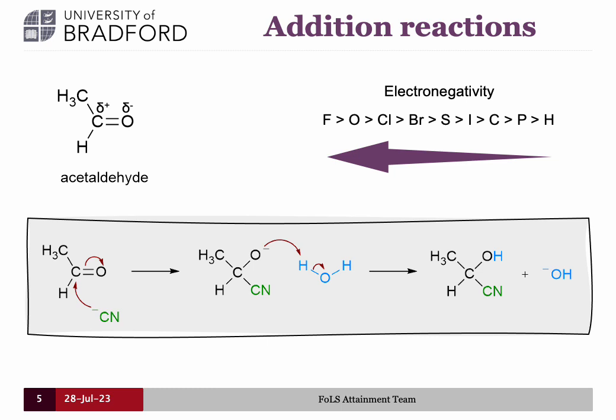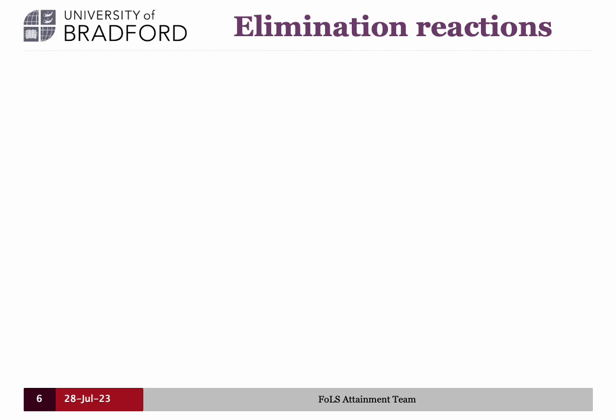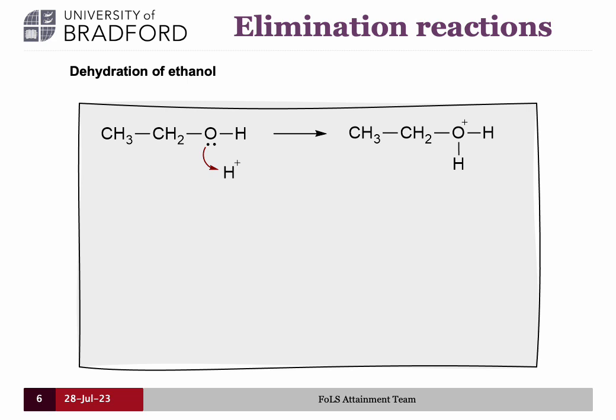end. In terms of elimination reactions, let's look at the dehydration, which means removal of water from ethanol in acidic solution to produce ethene. The lone pair of electrons on oxygen atom move to form a coordinate covalent bond with an H+ ion, where both electrons in the bond are provided by the oxygen.